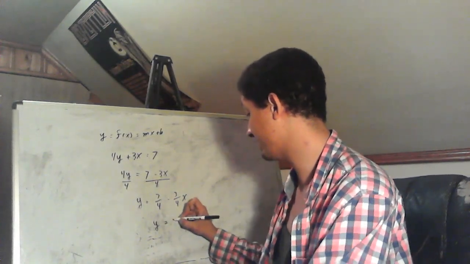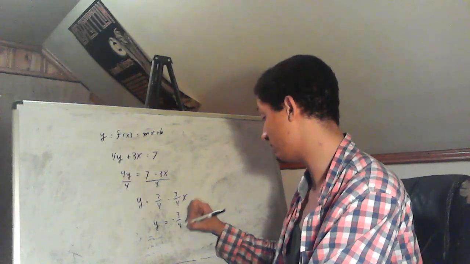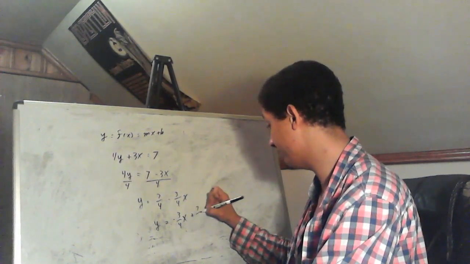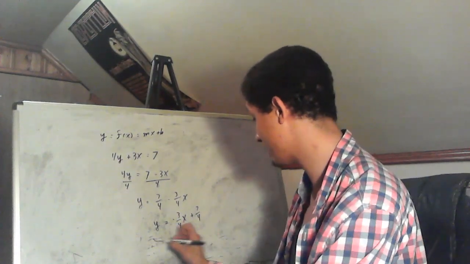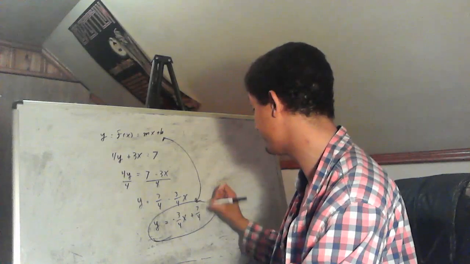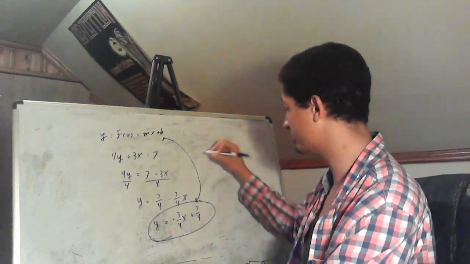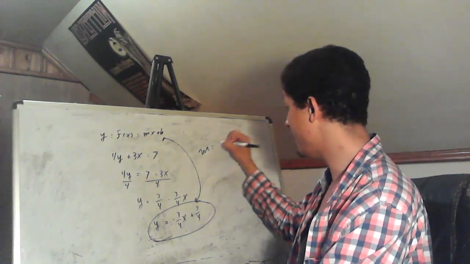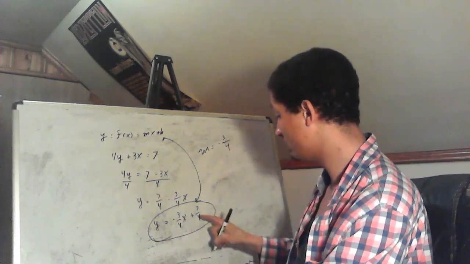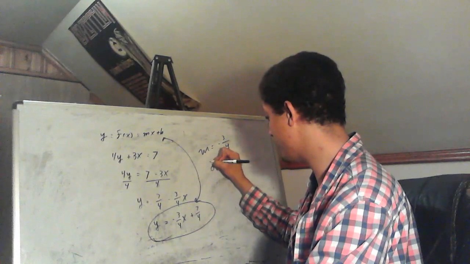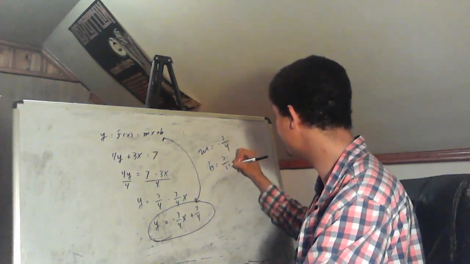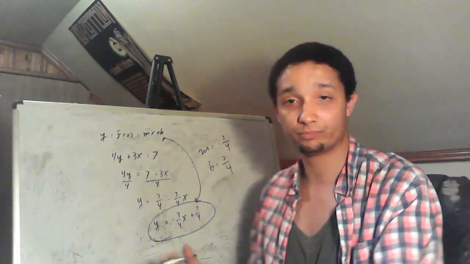Just write the negative 3/4 in the front: negative 3/4 x plus 7 over 4. And so now it's in y equals mx plus b format, and you can read off that the slope m is negative 3/4 and the y-intercept b is 7 fourths. Okay.